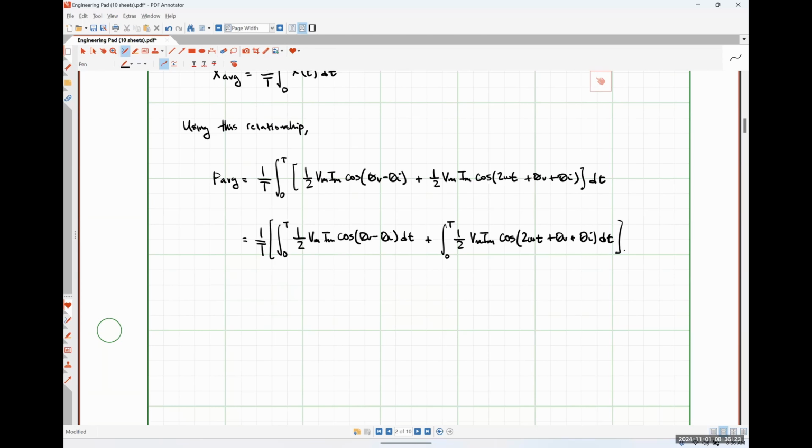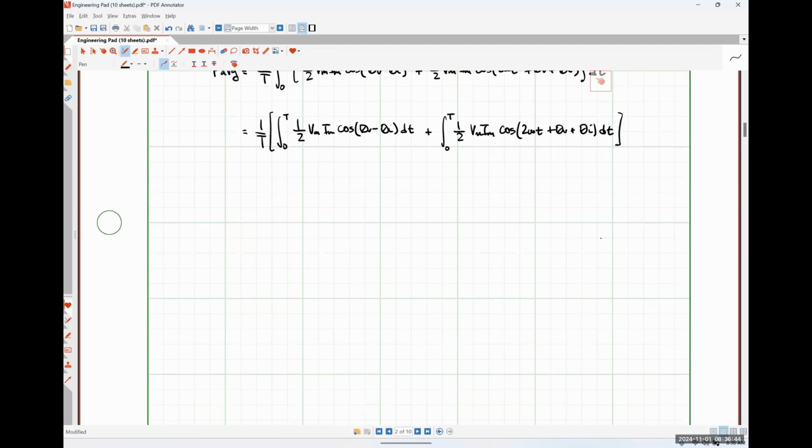So let's look at that second integral first. We are not going to evaluate it per se. We're simply going to look at it and see if we can figure out what's going on. This is a cosine function oscillating at some particular angular frequency, twice omega. So I'm going to attempt to draw that part.